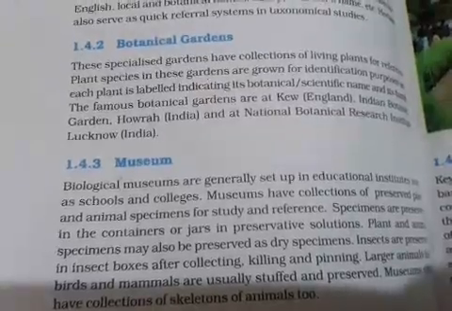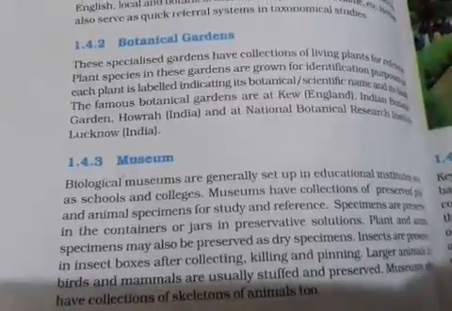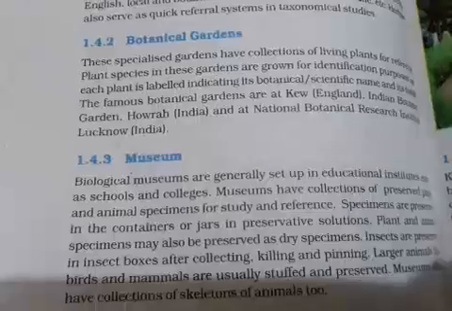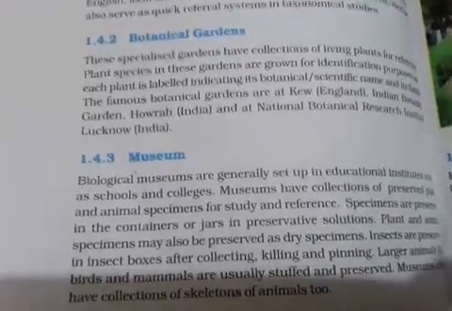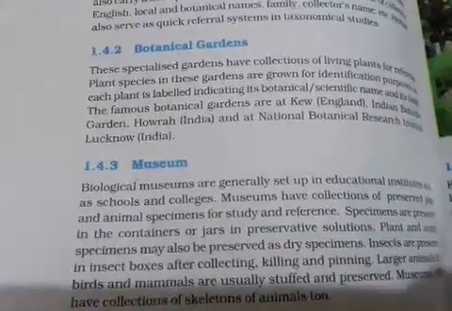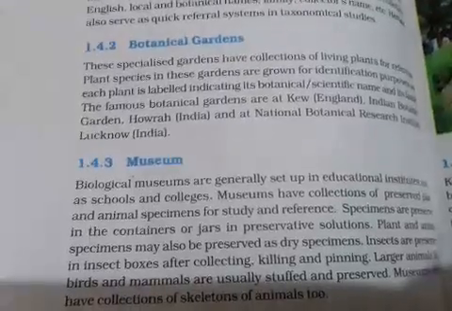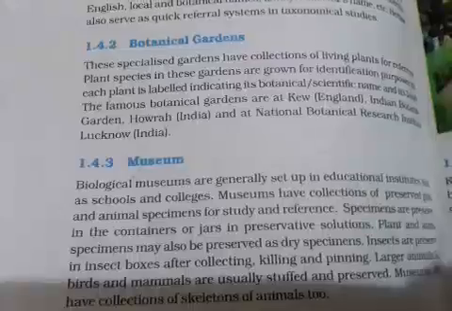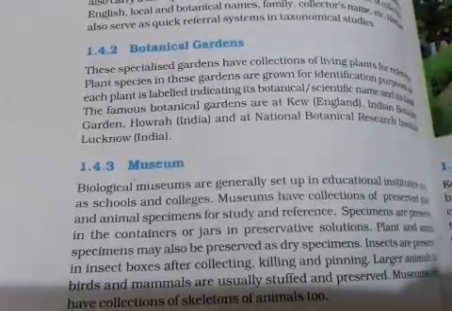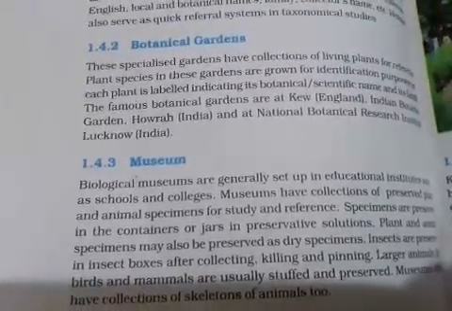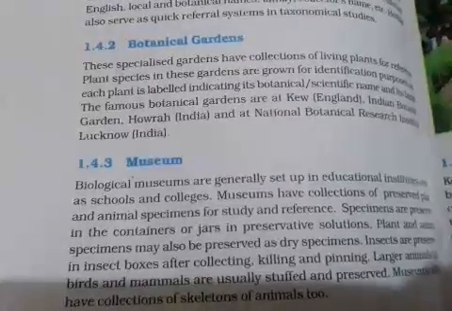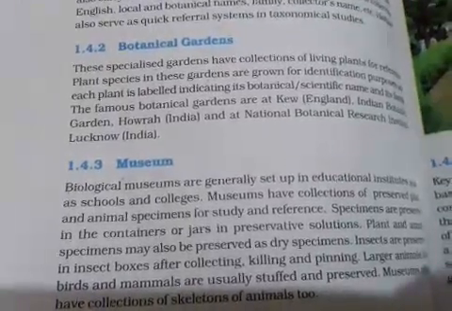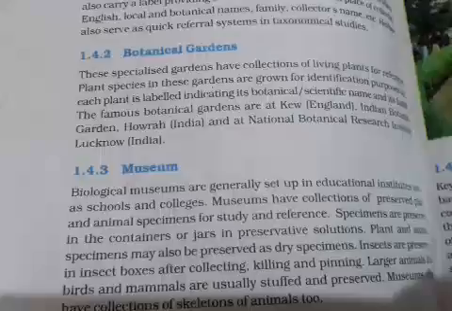First the insects are collected using different kinds of nets, then they are killed using certain killing agents, then pinned with specific pins. Stretching is done by separating their wings and legs, and then they are arranged in a specific order in the boxes so that the specimens can be examined again and again.